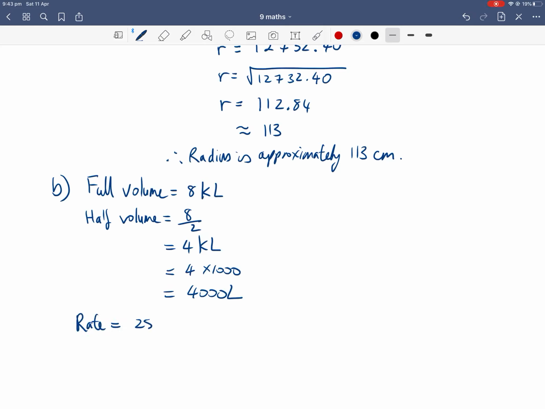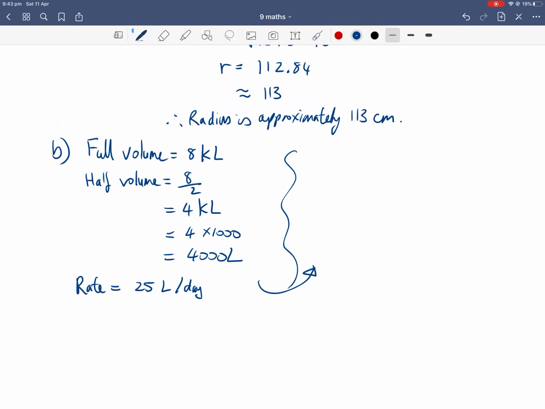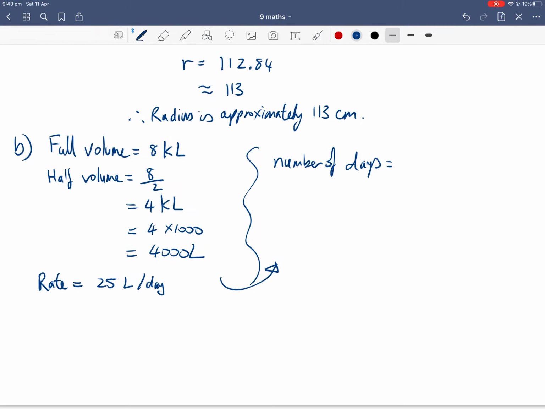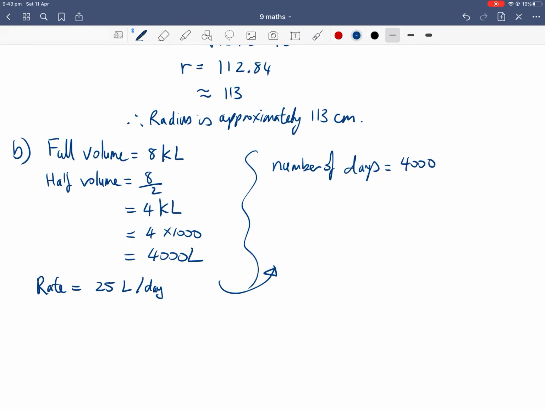We're told that the rate is 25 liters per day. So to work out number of days, we just divide the 4,000 by the 25. So that gets us 160.